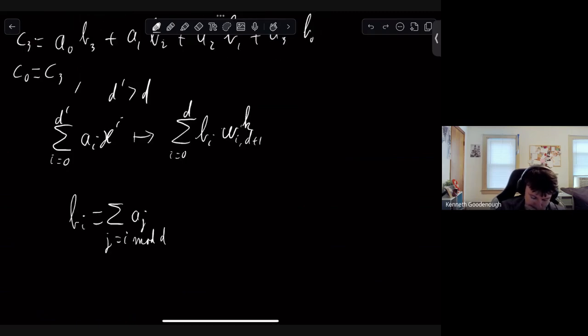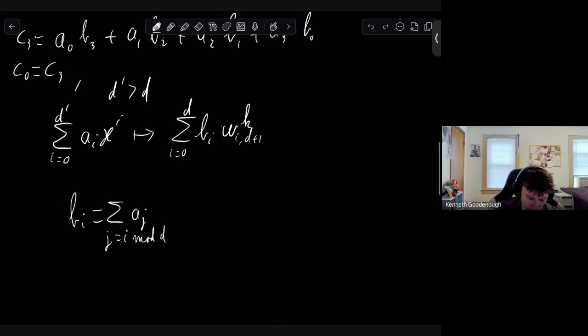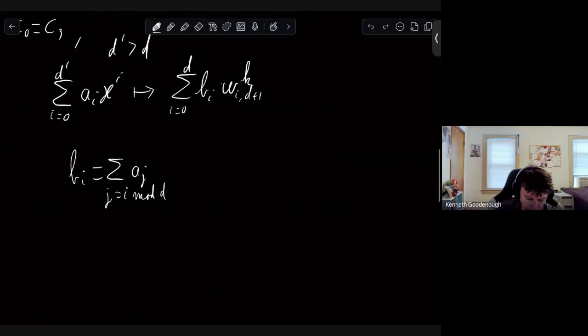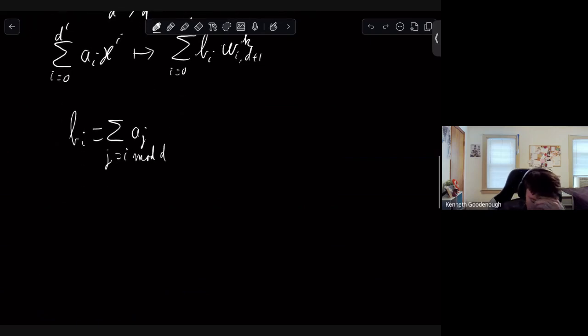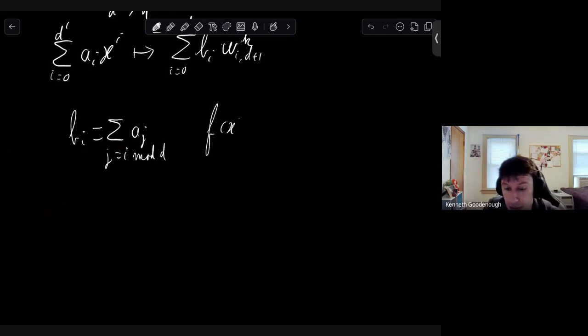Let's see. Yeah, and I guess that also brings me to the following statement. If I have some function of x, and I don't know a priori whether it's a polynomial or a degree d polynomial, and I think, okay, well, the only thing I could do is evaluate it at certain values and see what comes out, and I'm going to make an estimate of what the Fourier series of the list of coefficients would be.